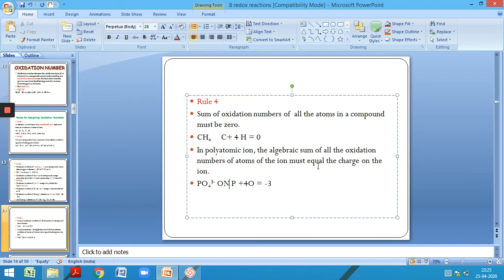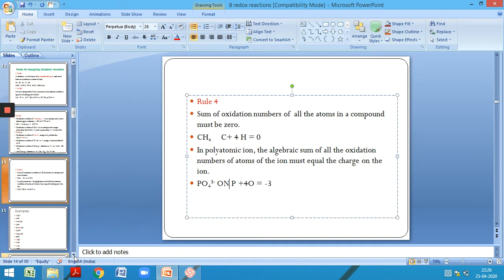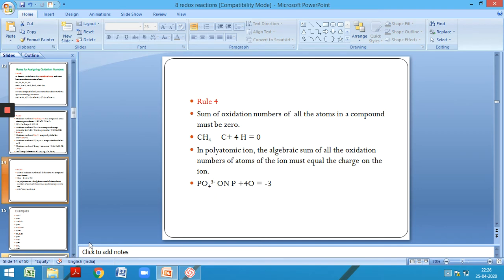So whatever is the charge on the polyatomic ion, the sum of oxidation numbers of atoms is equal to the charge on the ion. We will look into some examples and try to find out oxidation numbers of some elements using these rules.